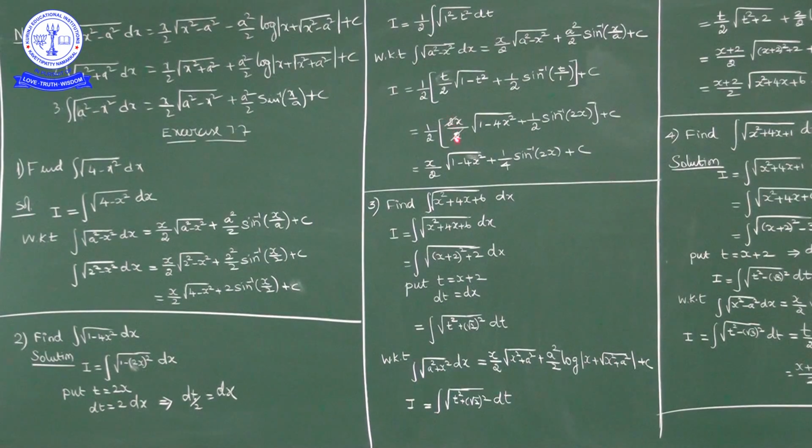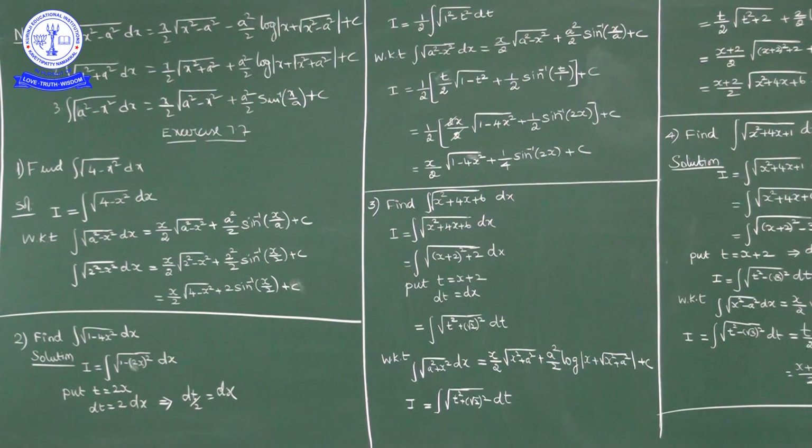Now here the 2 gets cancelled, and multiply 1 by 2 inside. So we get x by 2 into square root of 1 minus 4x square plus 1 by 2, 1 by 4, 1 by 4 into sin inverse of 2x plus c.